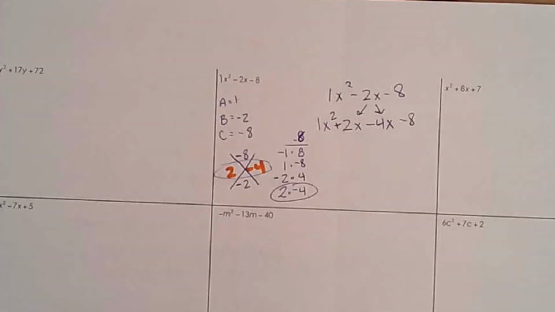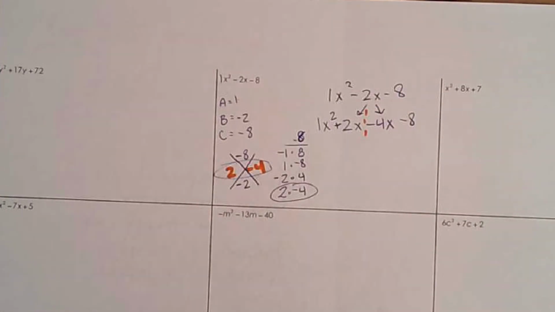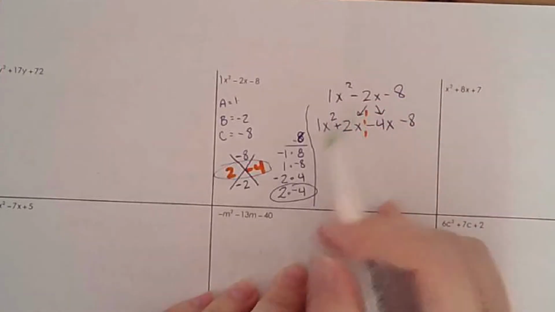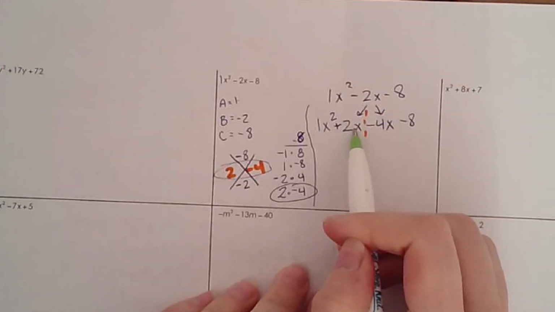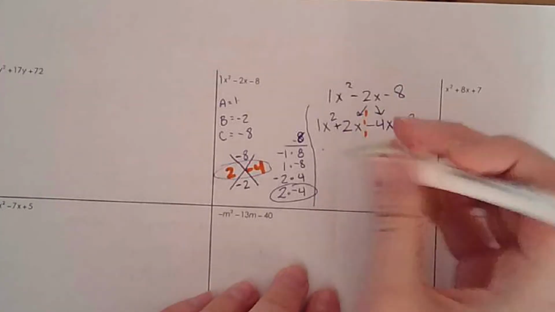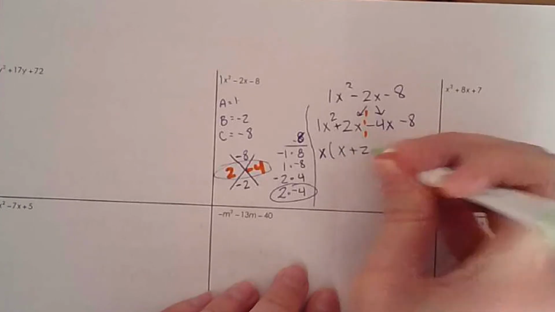Now when I factor by grouping, in my first two terms, 1x squared and 2x, my greatest common factor would be x, and I'm left with x plus 2.